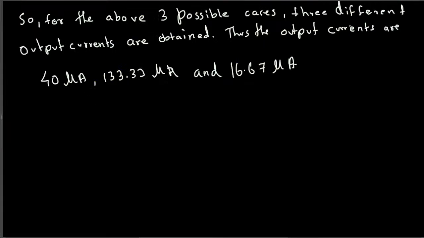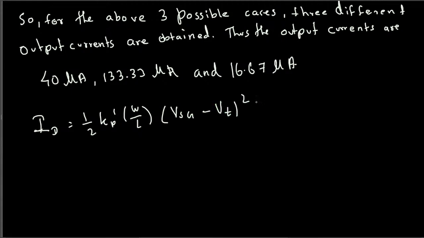To find the VSG, since this is a PMOS, the current equation is going to be this: ID is given by half times Kp prime W over L times the overdrive square, but for the PMOSFET it's VSG, that's equivalent to minus VGS, minus VT, whole square.